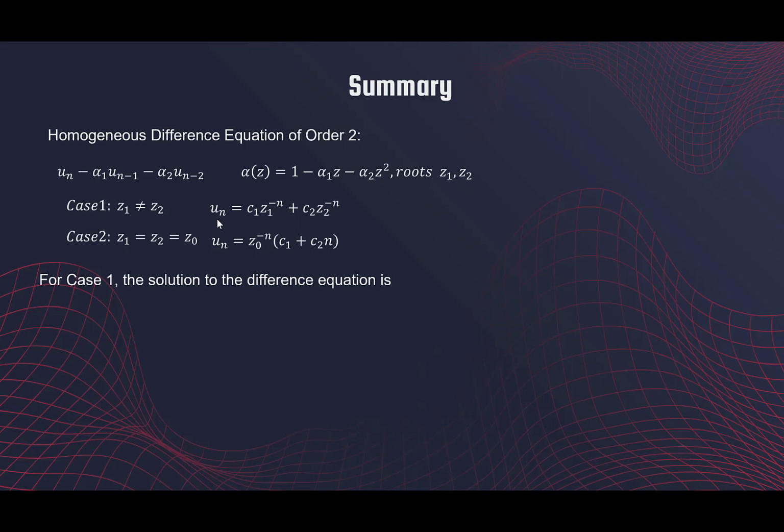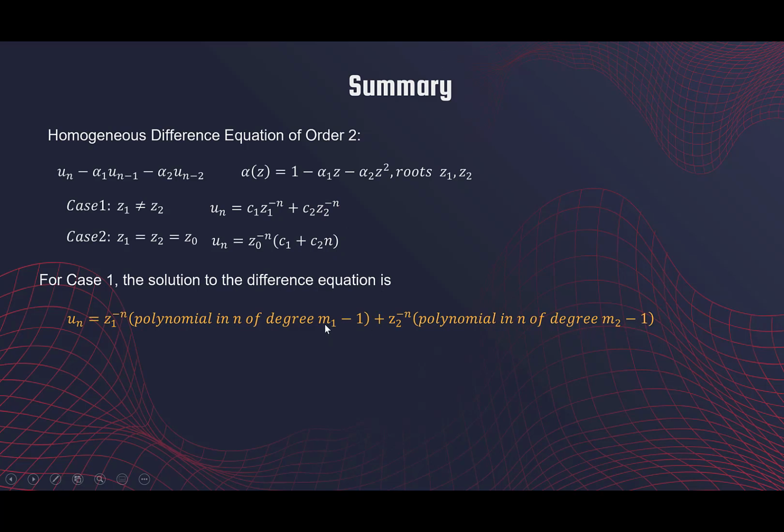So we'll try to write this more generally, okay? So for case 1, the solution to the difference equation, I'm going to rewrite it. So it's Z1 to the minus n times a polynomial in n of degree m1 minus 1. We'll come shortly to what this m1 is. And then Z2 raised to minus n, so you have this term here, times a polynomial in n of degree m2 minus 1.